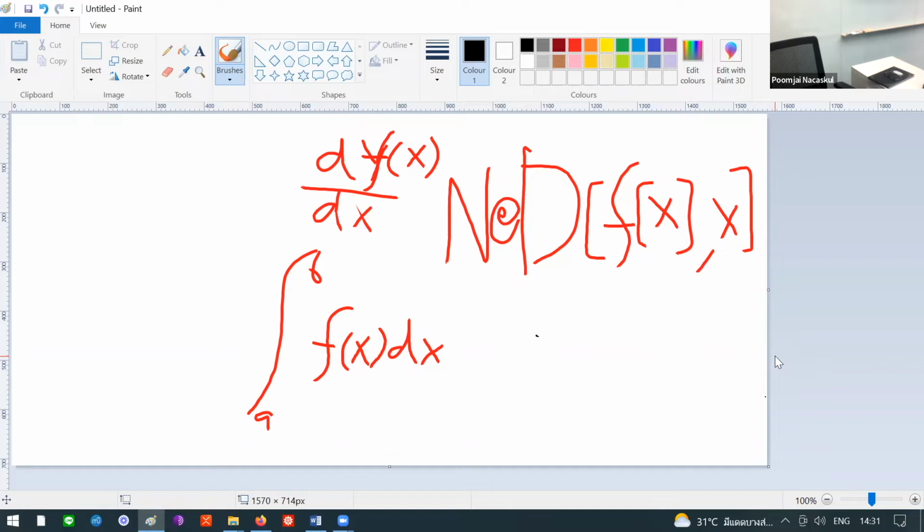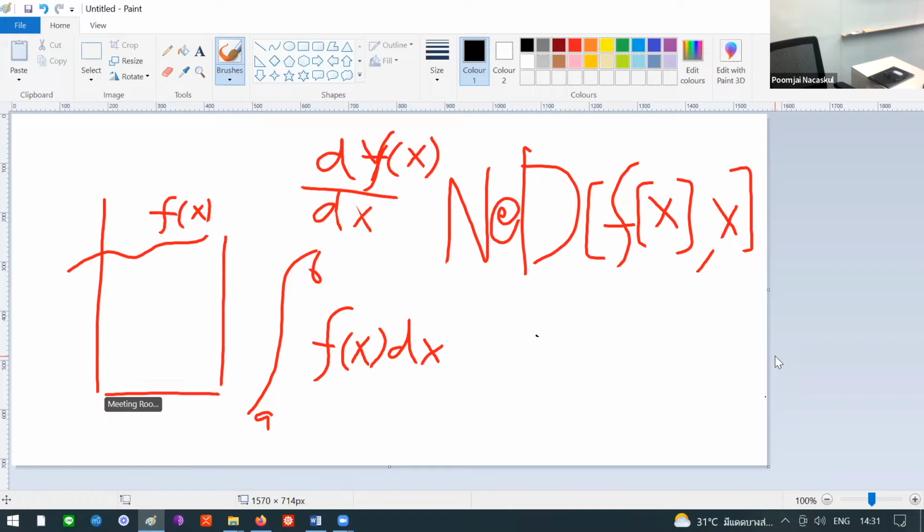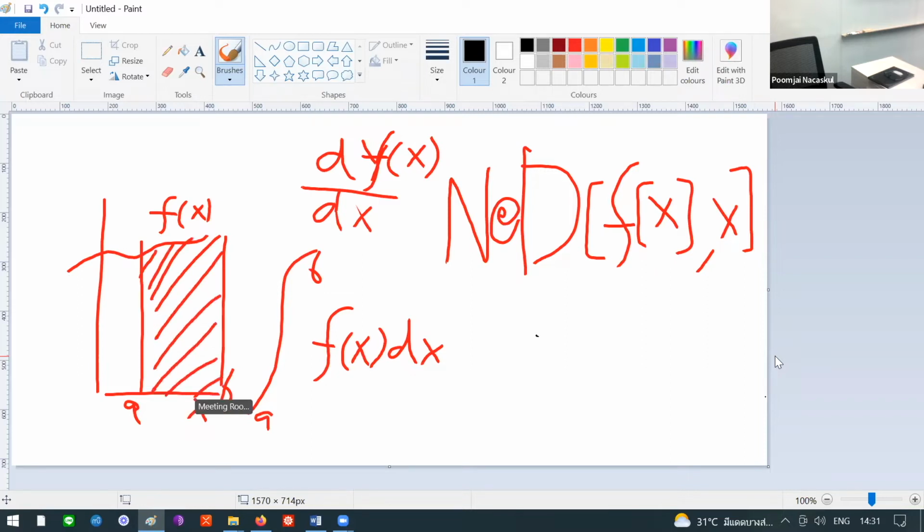This is the cumulative change, right? Cumulative change in this quantity, okay? And that quantity is some kind of f of x, and this is your x, and you go from x equals a to x equals b. So if you're talking about cumulative change, graphically, that is the area, okay?